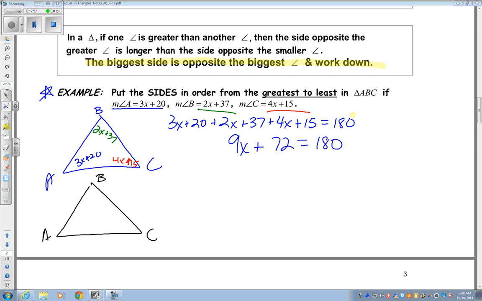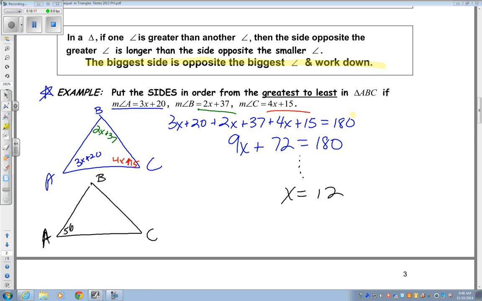All right, hopefully when you worked it out, we got x equals 12. But now I have to use that to find each angle measurement. So what's the measure of angle A? Yeah, 56.